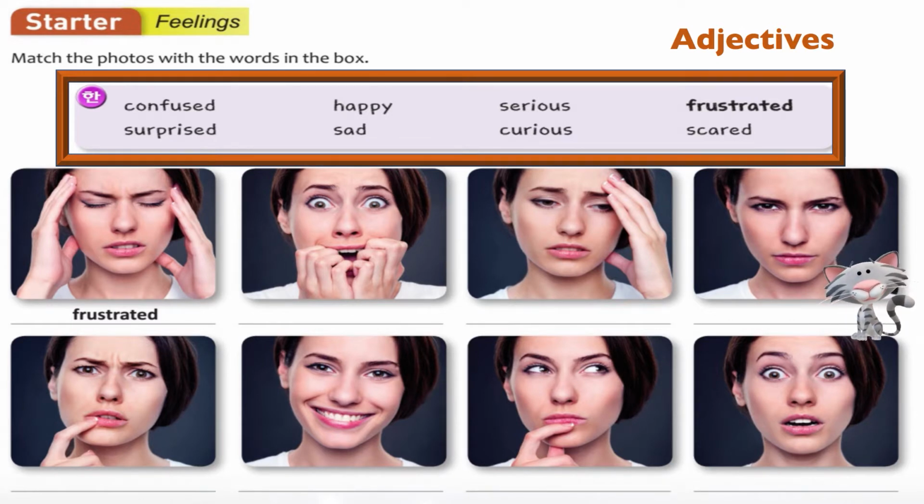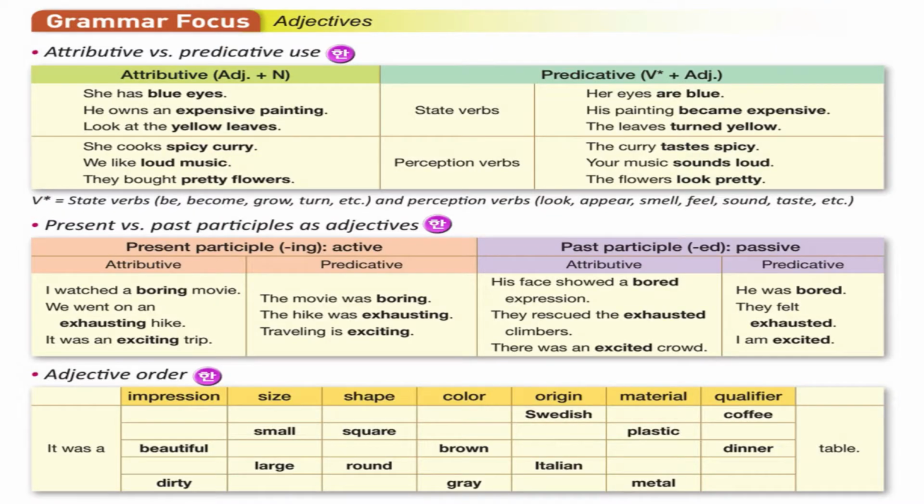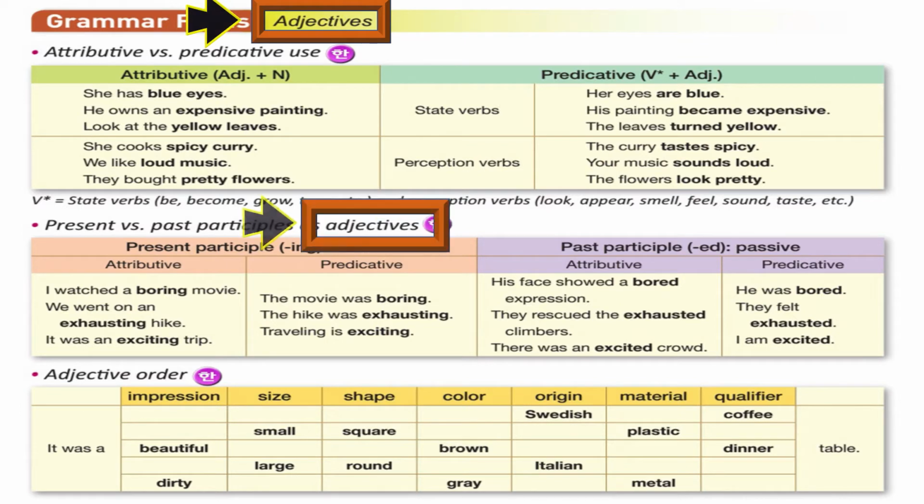Yes, and also describe how things look, how things behave, and many other useful ways of describing things. Describing words are adjectives. Yes, and we're going to mark adjectives in this unit in orange, using an orange square box.